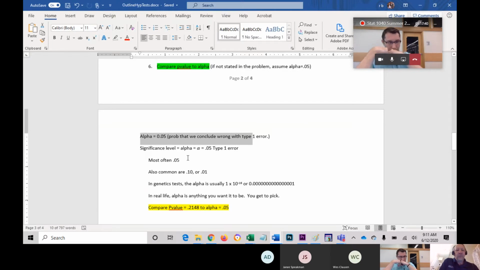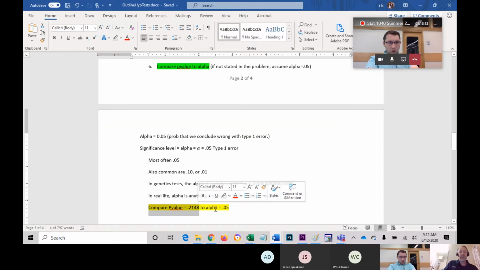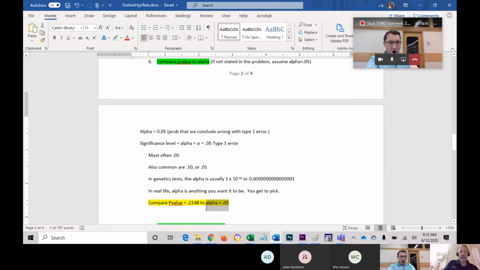Most often it's going to be 0.05, but you could also use 0.10 or 0.01. I will tell you that, just for fun, in genetics tests, the alpha is usually 1 times 10 to the minus 16th power, because there are so many genes in the body. So we're going to compare our p-value that we just found, 0.2148, to our alpha, which is 0.05.